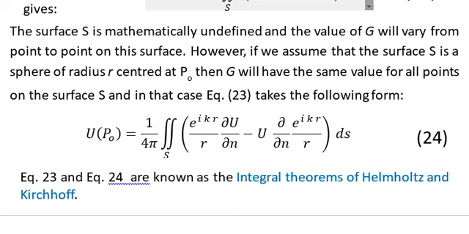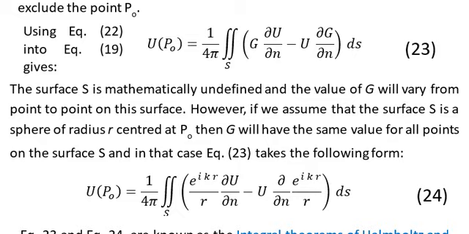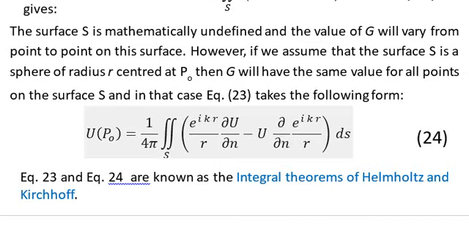So equation number 24 was written from equation 23, assuming that this surface capital S now has a shape of the sphere of radius r. So we are going to use the value of this field over here. So u within that integral is given by its value, which is e to the power iota kr divided by r, a spherical wave at a radius r.